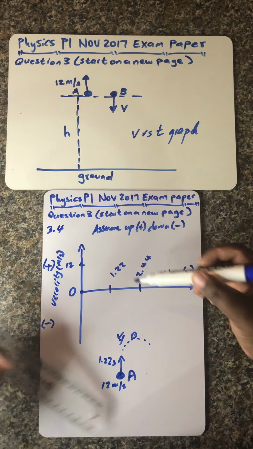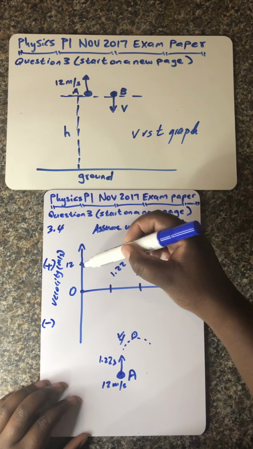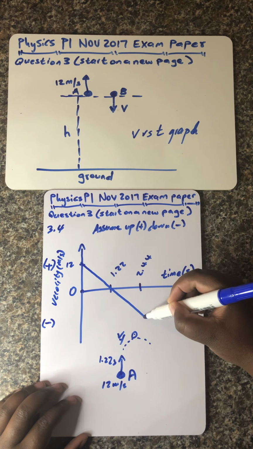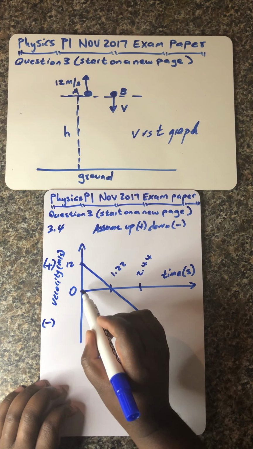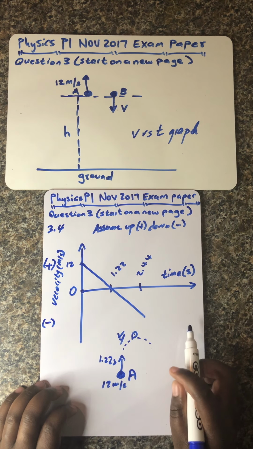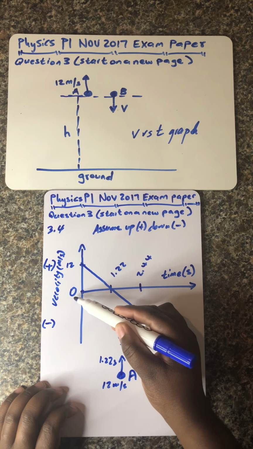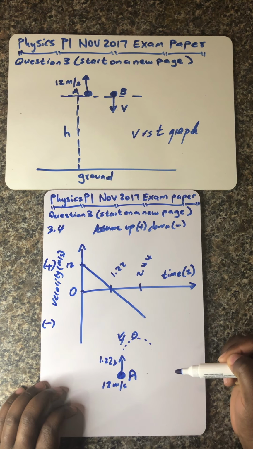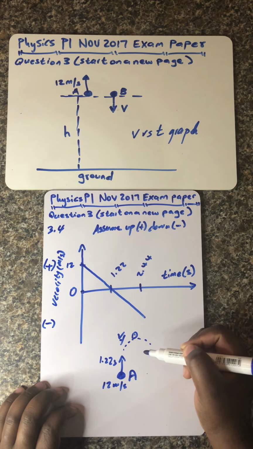It only makes sense when we say from that point it goes straight down until it reaches its velocity of 0. Okay? And remember, guys, it reaches 0 meters per second after 1.22 seconds.